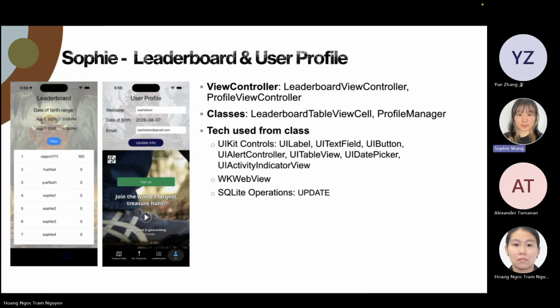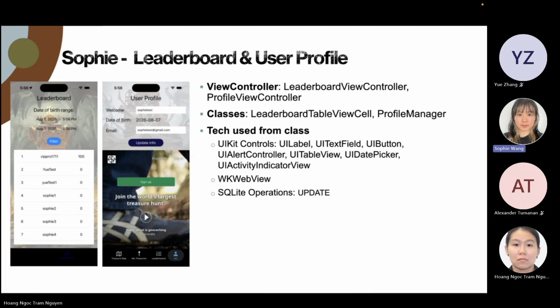So my part of the project was the leaderboard and user profile pages. For the leaderboard page, I used a table view to display each player's rank, username, and score, and I created a custom leaderboard table view cell to keep the information organized and make sure that every row has the same layout.